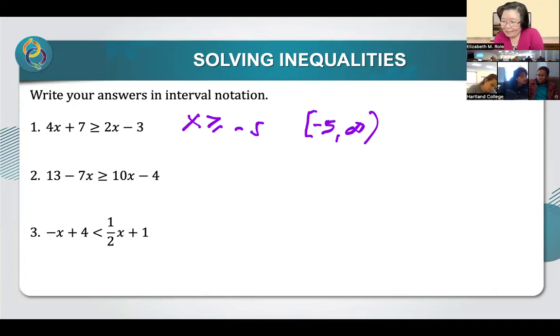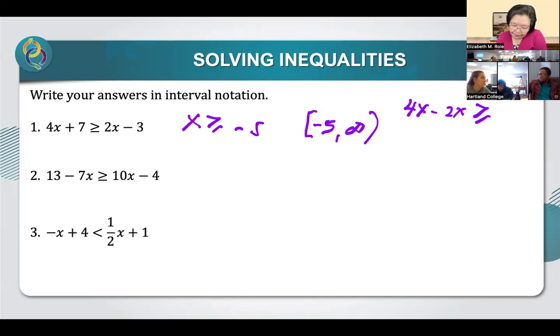Okay. How about number 2? So it's 2x greater than or equal to minus 10, right? But how did you get x is greater than or equal to minus 5? Because I divided both sides by 2. So doesn't that change the inequality sign? Division by a positive 2 doesn't change it. If it was negative 2, it would change. But there is a negative on the other side. Yes, but you were dividing by a positive.